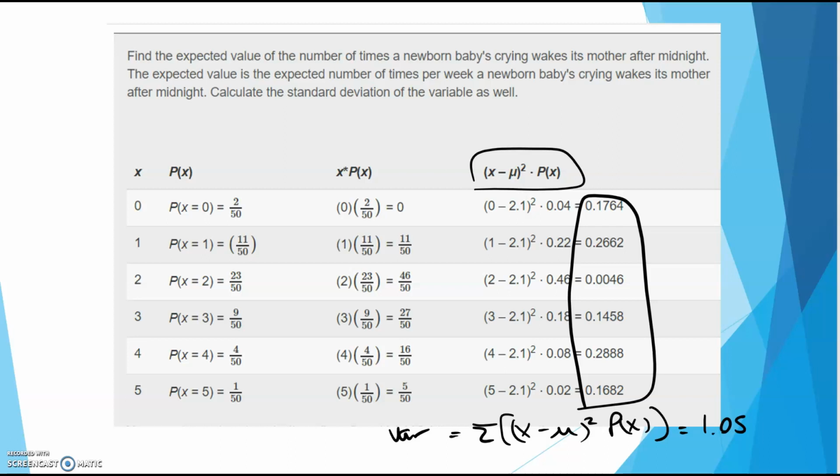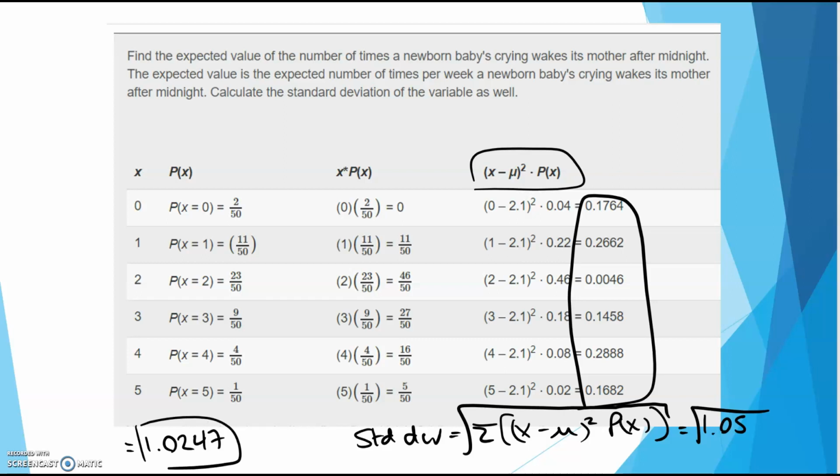So what we need to do to change this from variance to standard deviation is to add a square root. So I need to square root this number, which is going to give me, I'll write it over here, 1.0247. And that would be your standard deviation for this particular distribution.